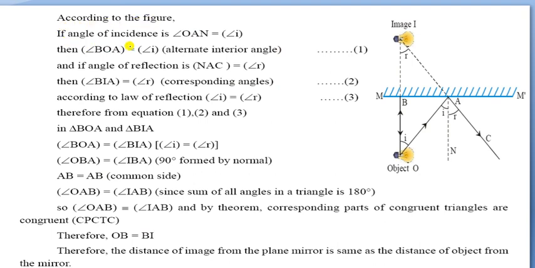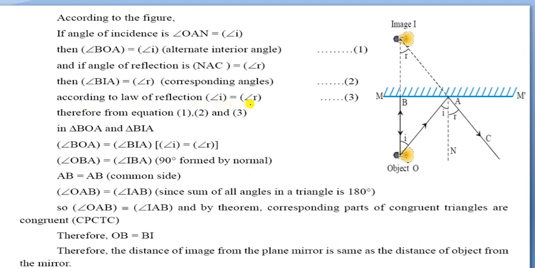According to the figure, if the angle of incidence is angle OAN, that is I, then the angle BOA is equal to I, alternate interior angle. And if the angle of reflection is NAC, the angle R, then the angle BIA is equal to angle R, corresponding angle.